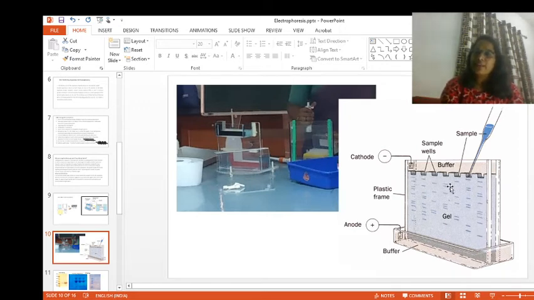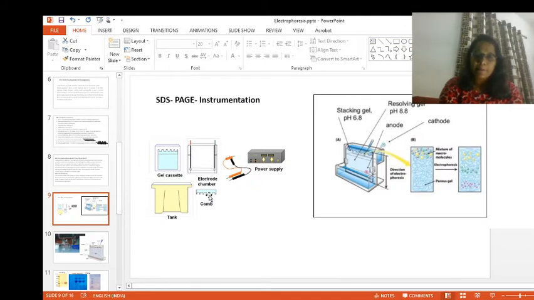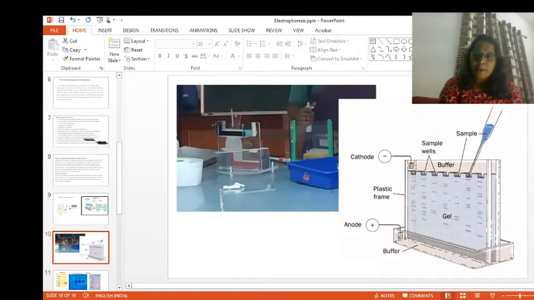Then we add the stacking buffer on top of the separating buffer. Before it solidifies, we add the comb, that is this one. After solidification, we remove this comb, and we can see wells like this where we load our proteins.